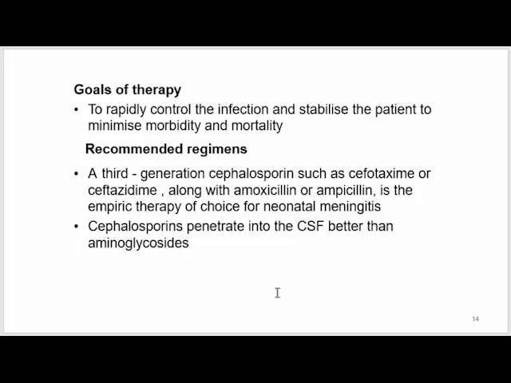For neonatal meningitis, cephalosporins penetrate into the cells better than aminoglycosides, so they are a good choice. Okay. Cefotaxime and ceftazidime are all third generation cephalosporins.